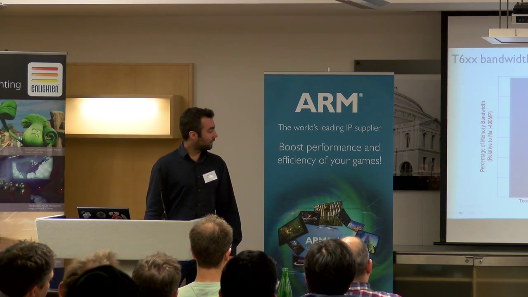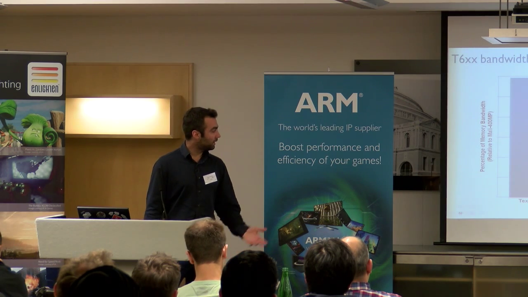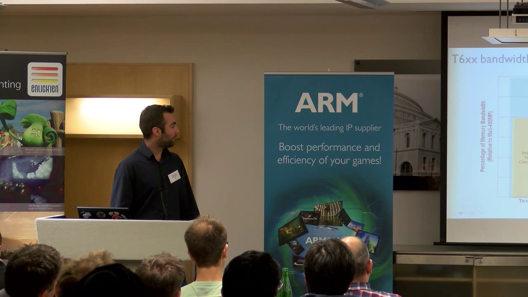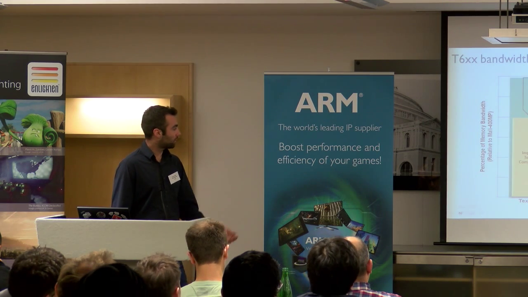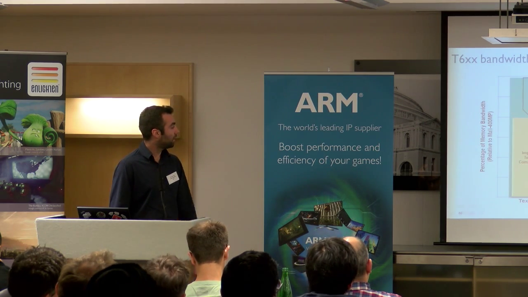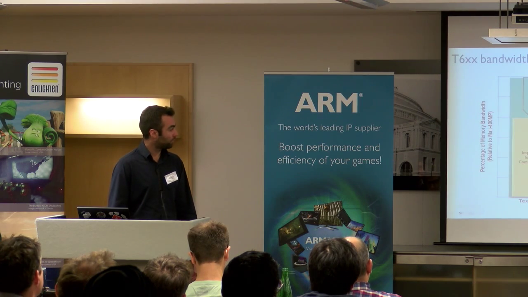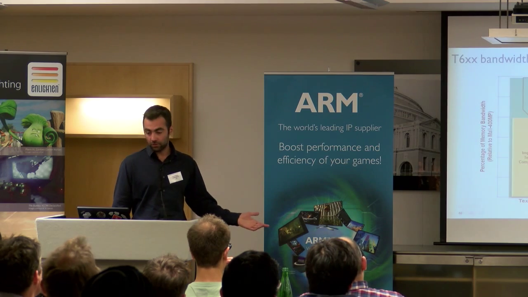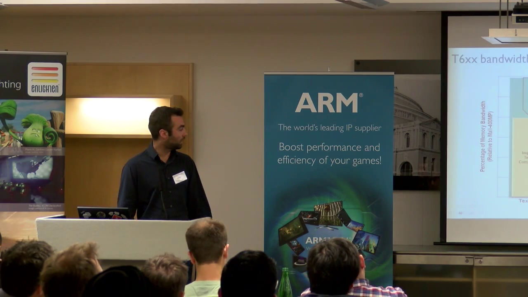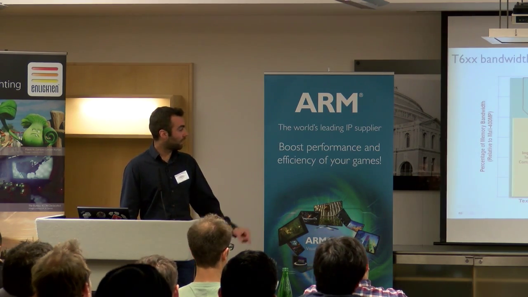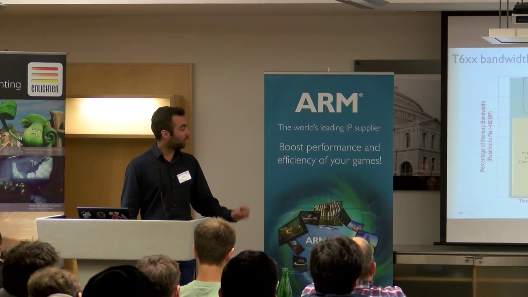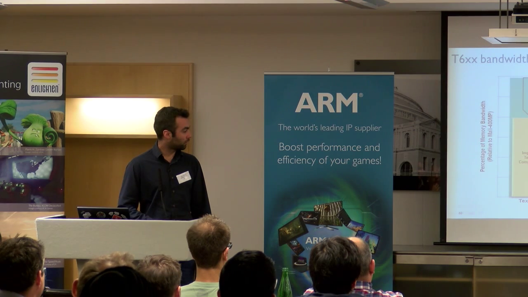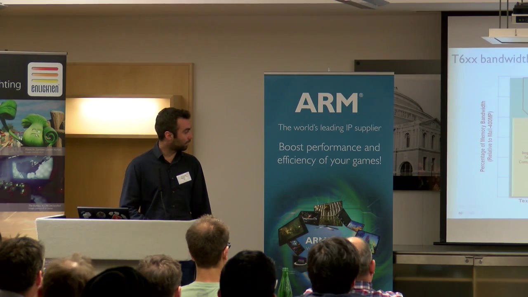So in the T600 family, we have introduced a number of optimizations compared to Mali 400. In terms of textures, we have introduced improved texture compression. We have also introduced a concept called transaction elimination, which we will look into in detail. And also with hierarchical tiling, we have minimized the bandwidth consumed by the tiling process.